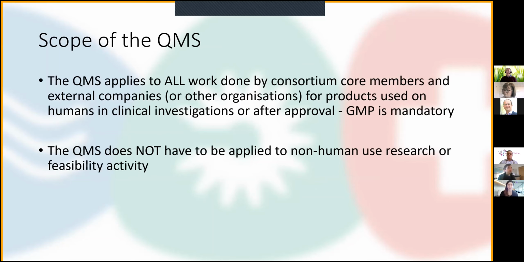The QMS applies to all the work done by the consortium for products used on humans in clinical investigations or after approval. GMP is mandatory, and I will keep saying this all the way through the presentations today and on Thursday. It does not have to be applied to the non-human use research or the feasibility work, as I was just previously saying.